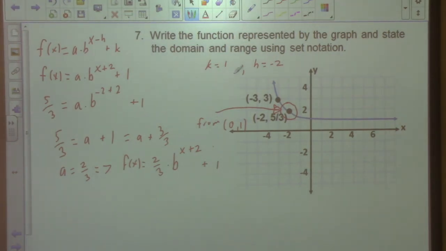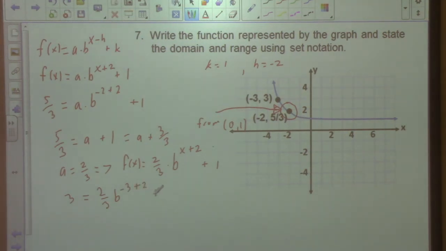We take our second reference point right here, and so I'm going to put here on the left. We have -3, or excuse me, 3, right? I put -3. I meant to put 3, didn't I? So 3 equals 2/3 b to the power of now -3 plus 2.